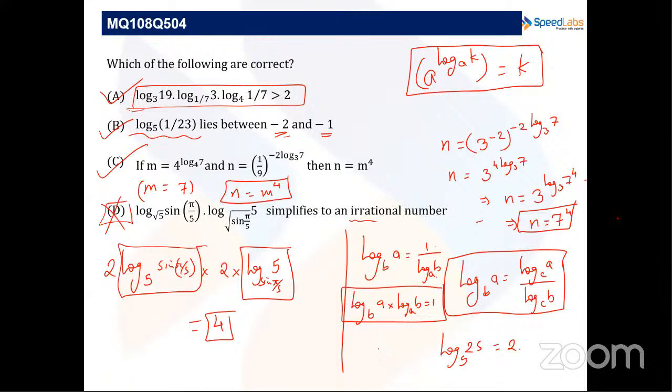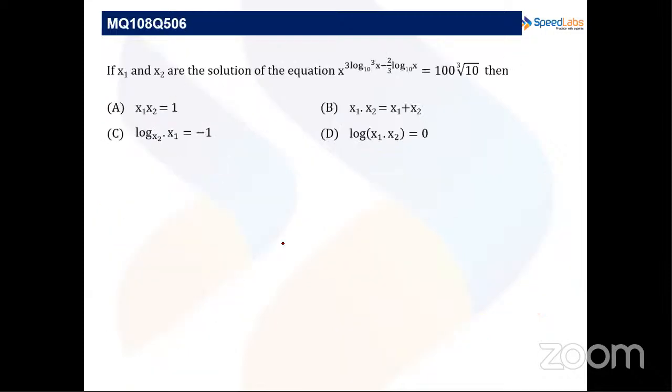Now moving to the next question. We are given x1 and x2 are the solutions of this equation. So we are having here, let's take log base 10 both sides.